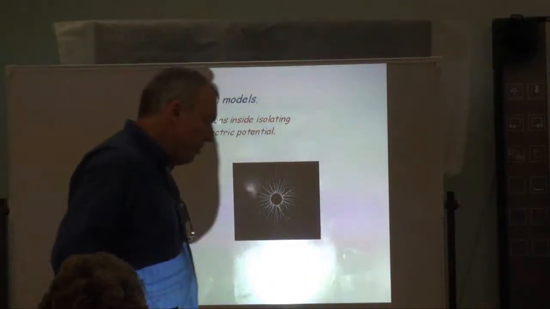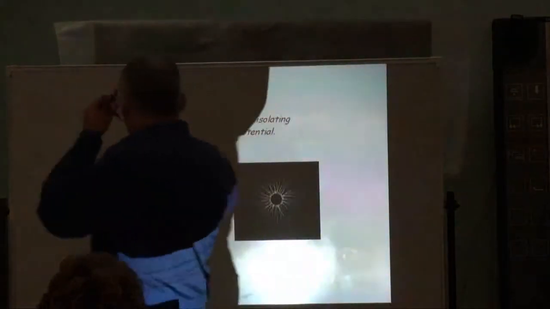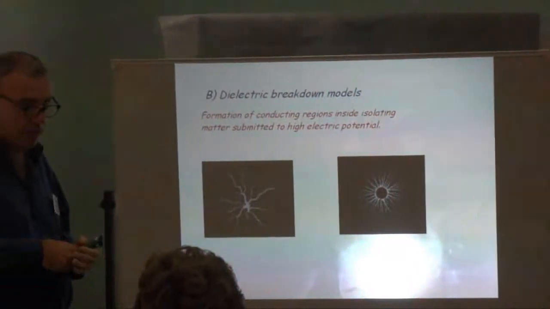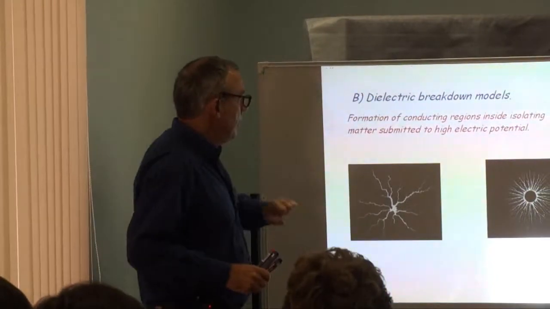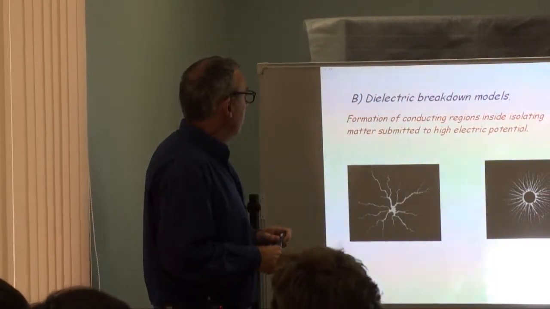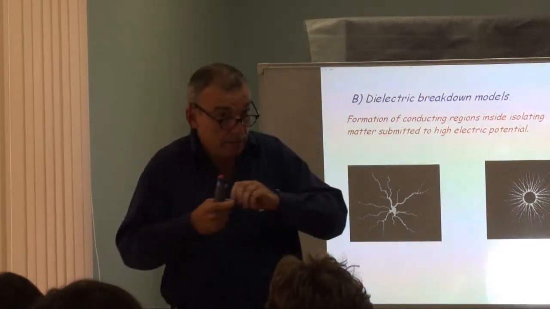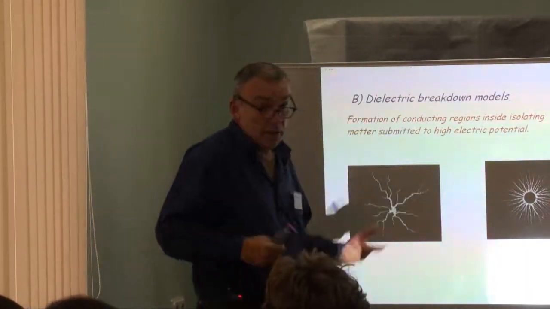So you have some isolating matter, and you introduce a very high electrical field, and this isolating matter becomes conducting at some time, and it appears such things like this, which are exactly lightnings.